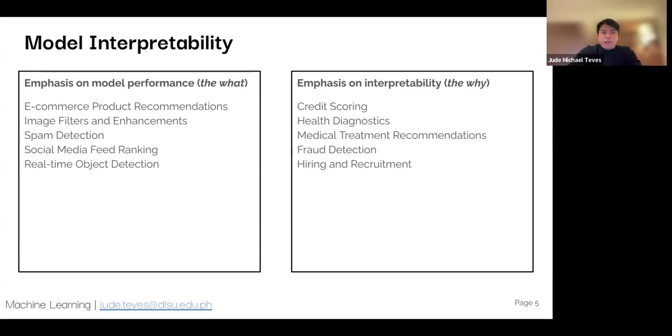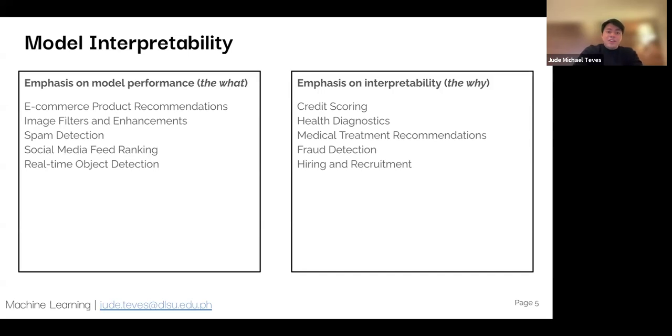And it's also the responsibility of those institutions to explain to you how they arrived at that conclusion. Especially in the context of medicine, in health, you don't just blindly accept what the machine learning model will tell you. You also want to know why it led to that recommendation. So that's the reason why we need model interpretability.